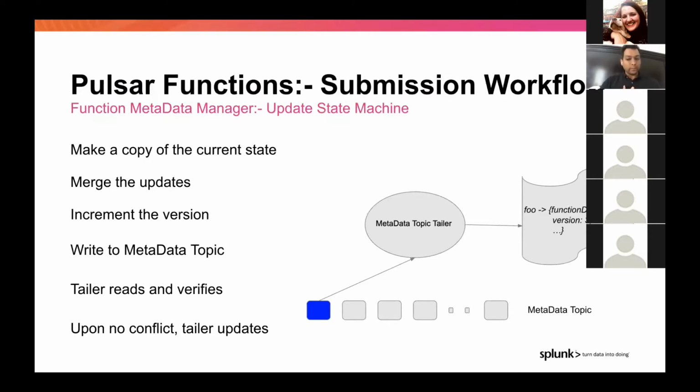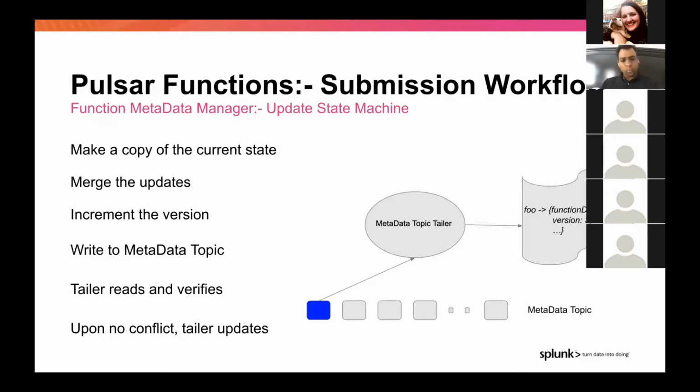And only when there are no conflicts and so on, it then actually changes the system of record. Now you can see here that the system of record now has version 3 with the updated function details. So essentially, we have admitted this request. This request is all good. So we've updated our state of record to version 3 of the function.